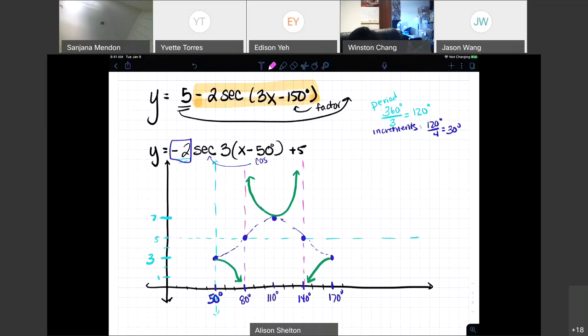So here I've got half of the segment that's between the two asymptotes. If I go left, another increment worth, and draw another asymptote, then I can finish up this portion of the graph.